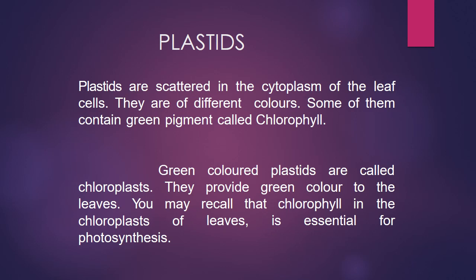The green plastids are called chloroplast because they have a green pigment called chlorophyll, and chlorophyll helps in photosynthesis. This is essential for photosynthesis. And because it is done by the plants only, the plastids will be present only in the plant cell. They will be absent in case of animal cell.